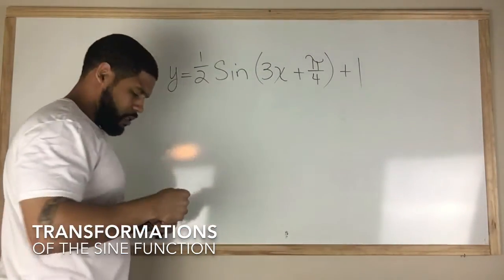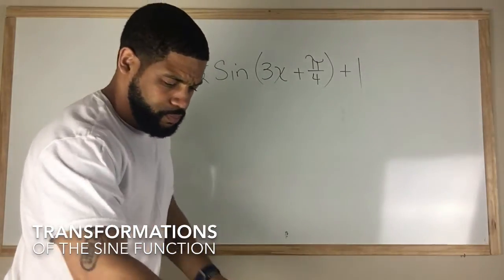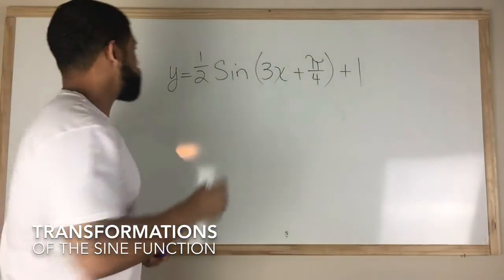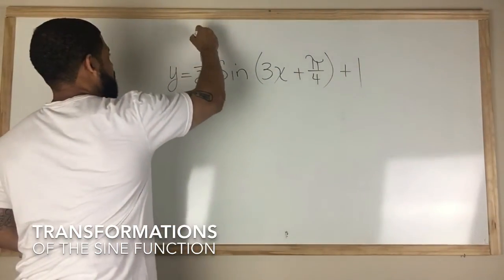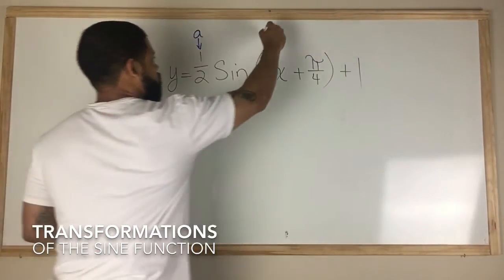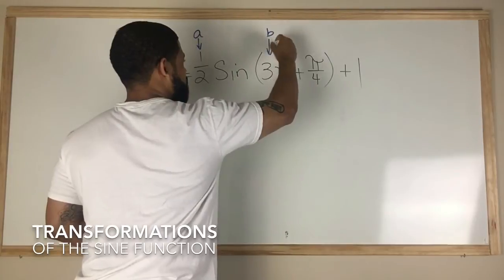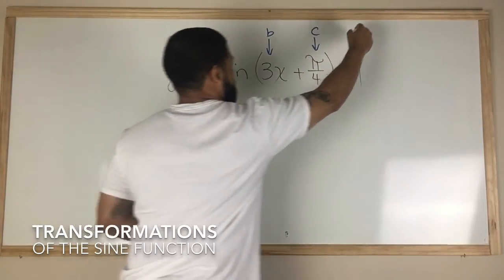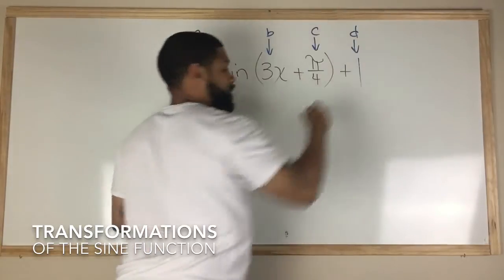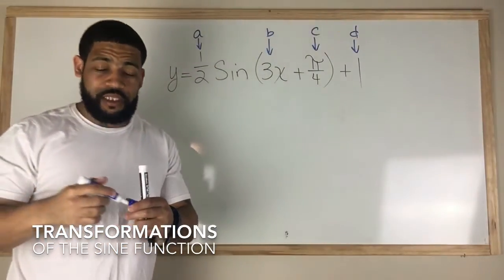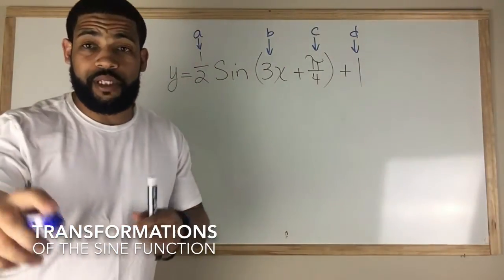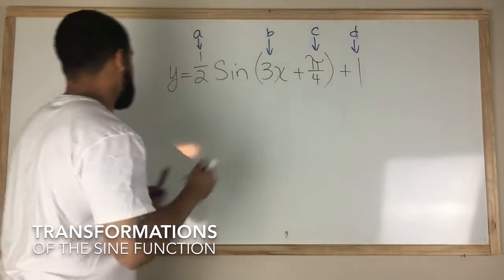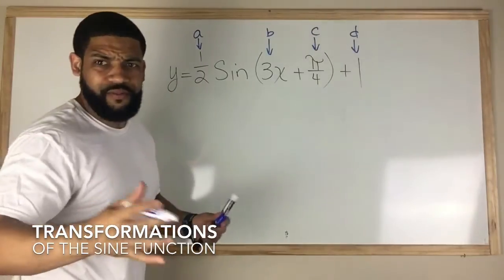Let's identify our different parts. So we have A, B, C, and D. Now A, B, C, and D are going to be key elements in order to help us find our phase shift.